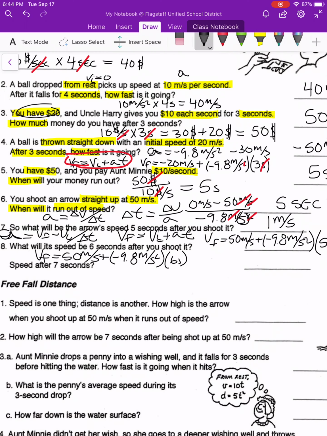Okay, and now 9.8 times 6 minus 50 equals negative 8.8. Okay, hopefully that's right. Let me double check that. Looks right. Okay, and that's meters per second.